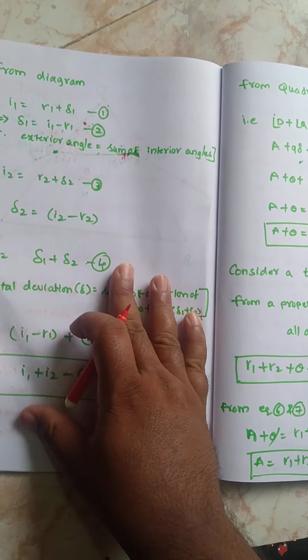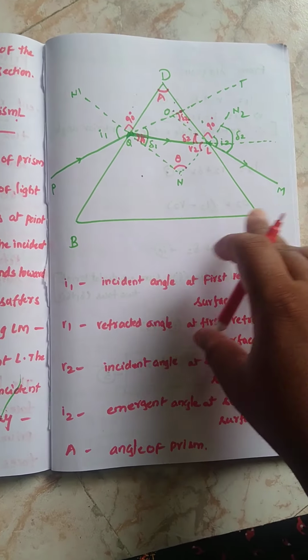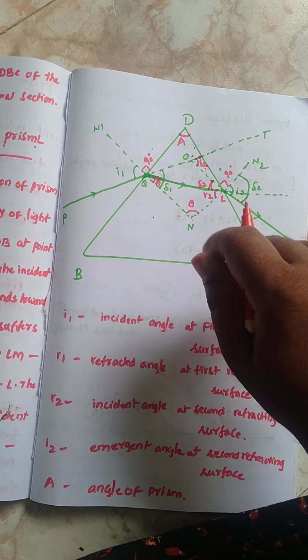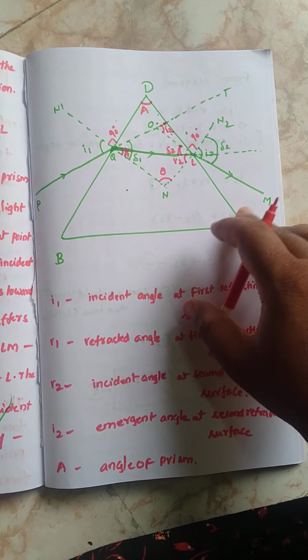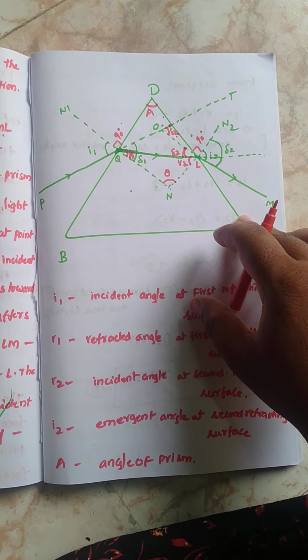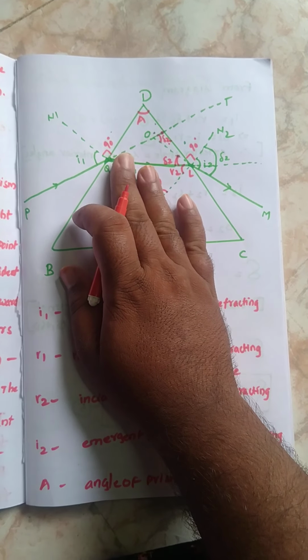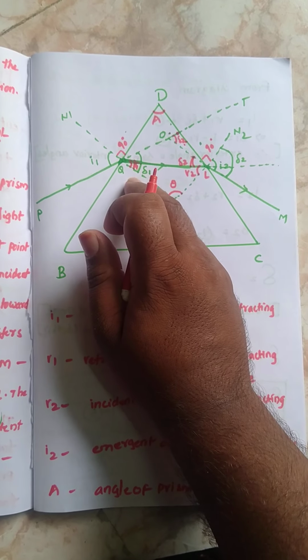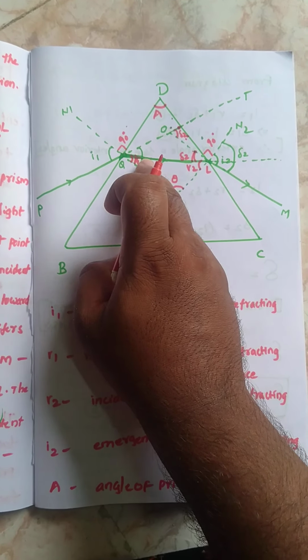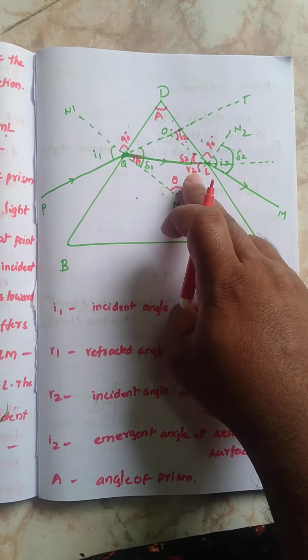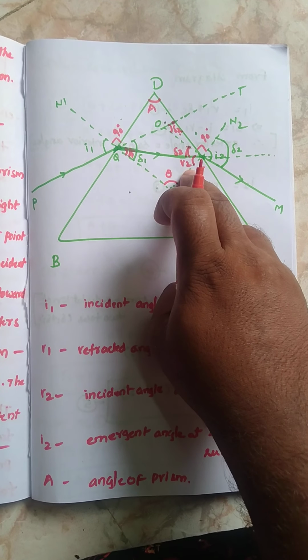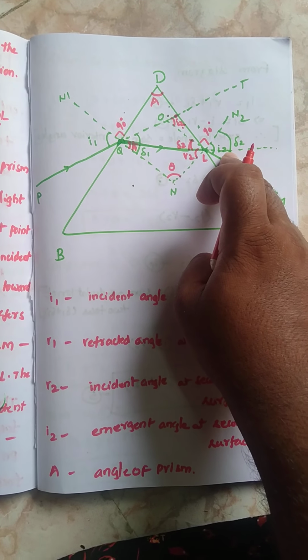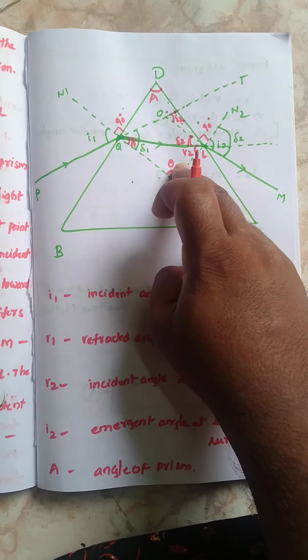And before that, one more condition is there. We know from the rules of angles, the exterior angle is equal to the sum of the interior angles. See here, at the first refracting surface, I1 is the exterior angle and R1 and delta 1 are the interior angles. So the exterior angle equals the sum of the interior angles. And R2 plus delta 2 are the interior angles and I2 is the exterior angle. Then I2 equals R2 plus delta 2.